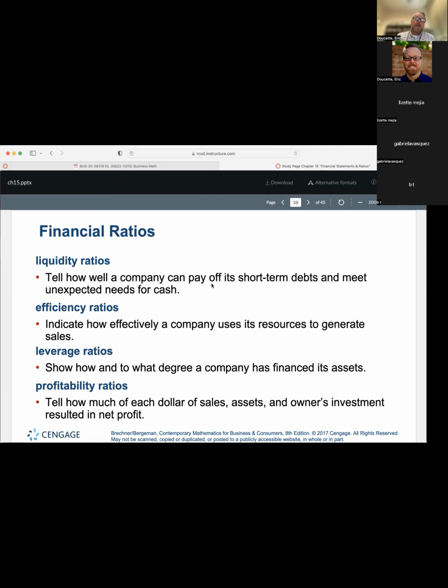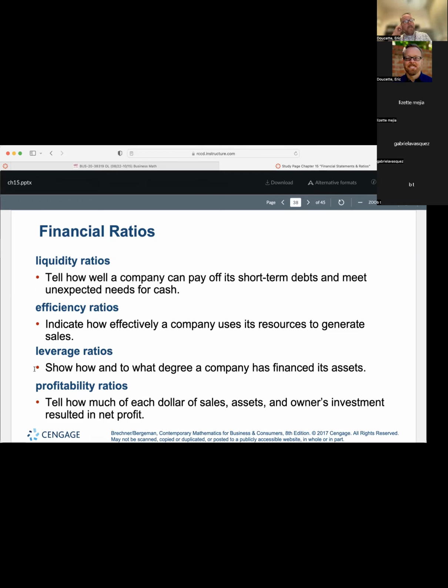Liquidity ratios, again, show how a company can pay off its short-term debts, how fast or how well. Efficiency ratios show how effectively a company uses its resources to make money. So I have assets. What percentage of my assets, or how much, is my return on those assets producing for me? And those numbers can be really high or really low. So how efficient am I?